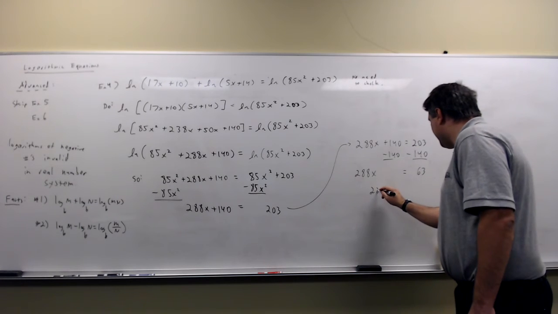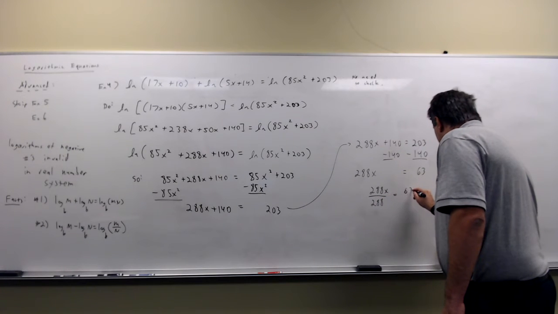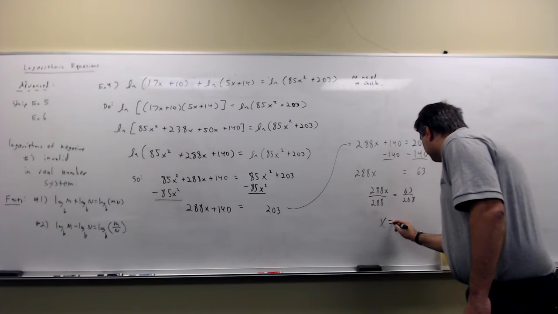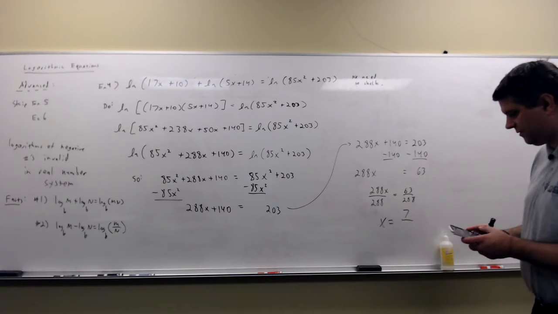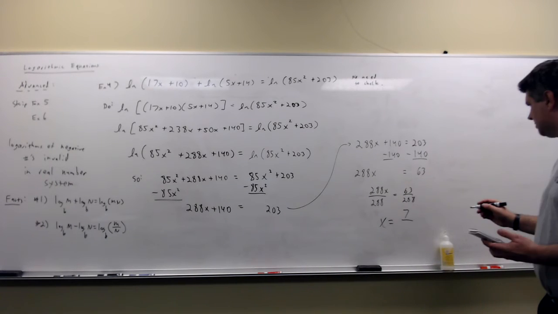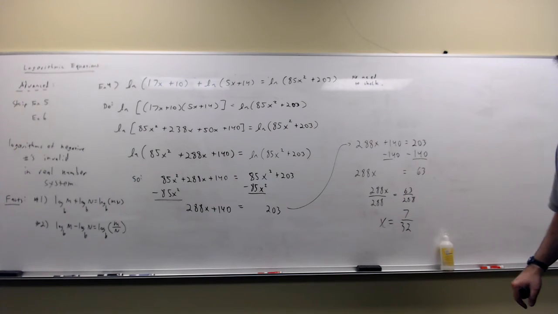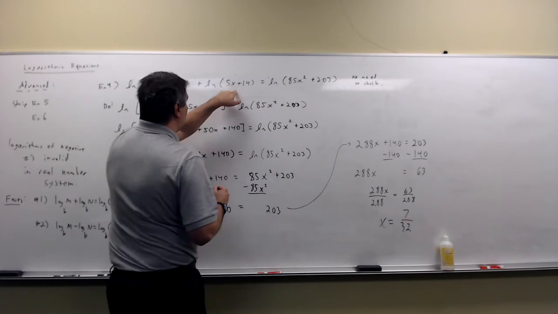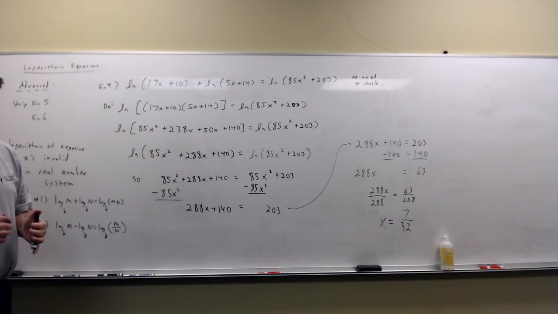Divide off the 288. Both of these are divisible by 9. So this is 7, and then 288 divided by 9, 7/32. And again, because it's nothing but logarithms, we don't actually need to check. Okay, so I'm going to move on to example 7.